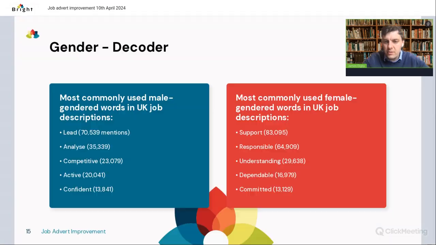So this is data from just one of those gender decoders, and what it was showing is that female applicants are typically more attracted to the words on the red side, and males were typically attracted to the words on the blue side.